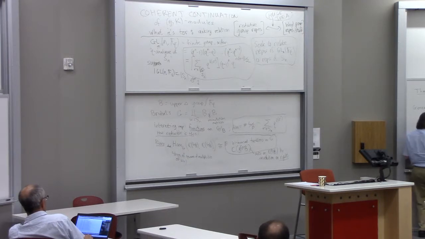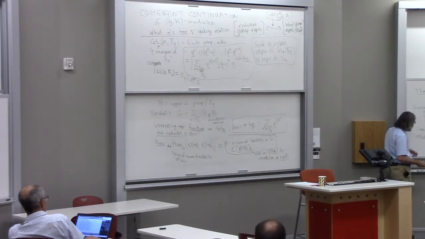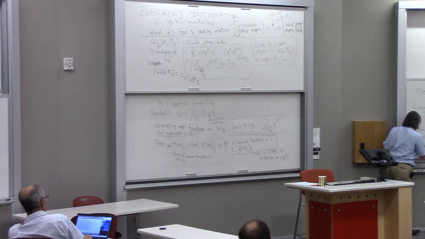And then there's a quadratic relation which says that T_S squared is (Q minus 1) T_S plus Q, which is a computation in SL2, basically.